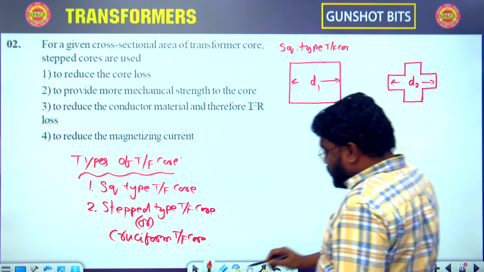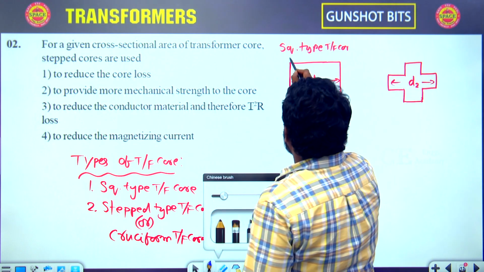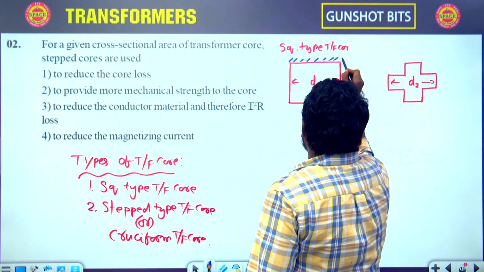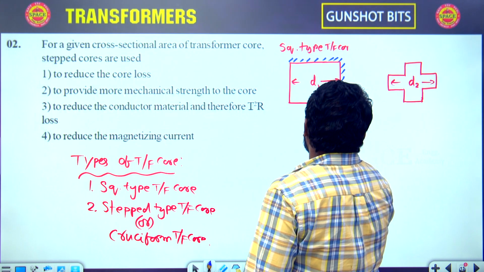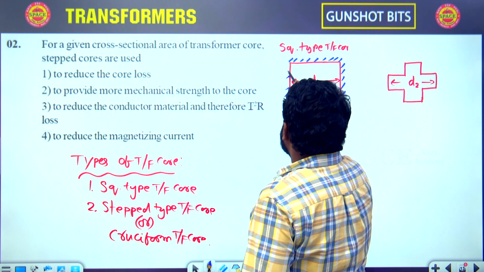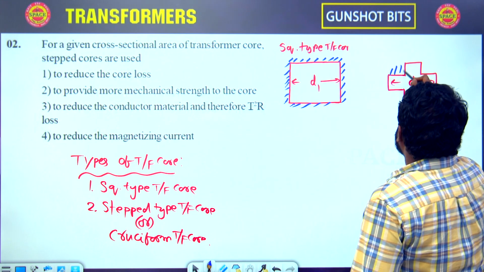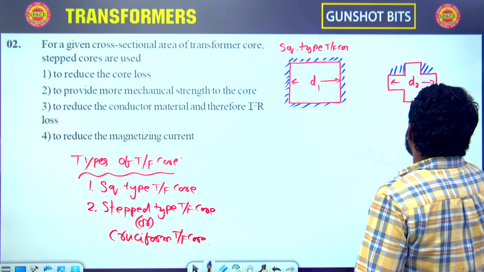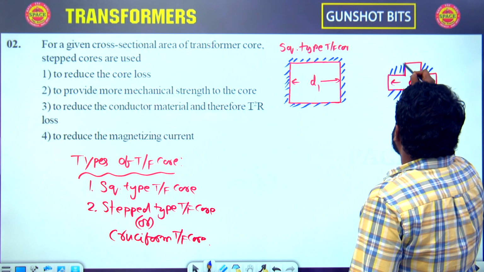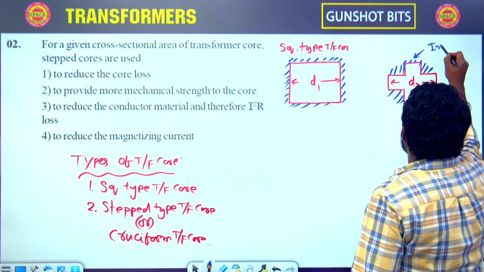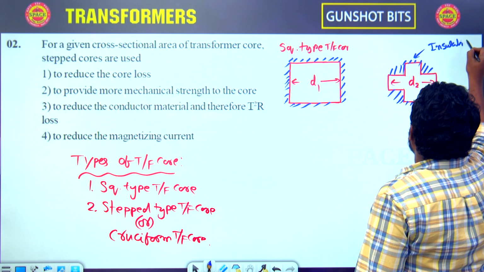Now, in order to place the winding, we need to place the insulation around the periphery of this core. This is the insulation material, and here also we can place the insulation. This is the insulation between the winding and the core.